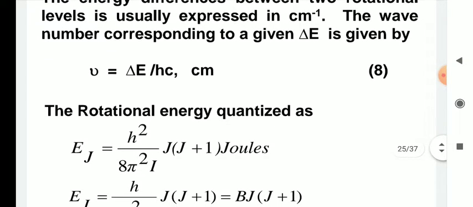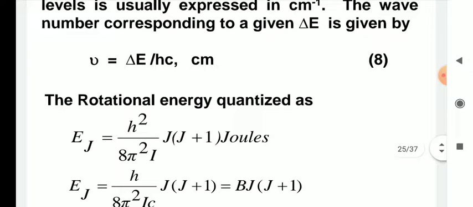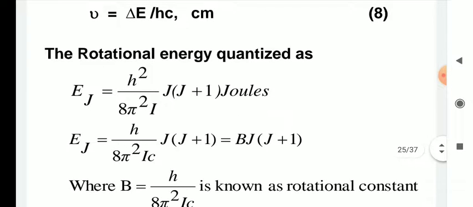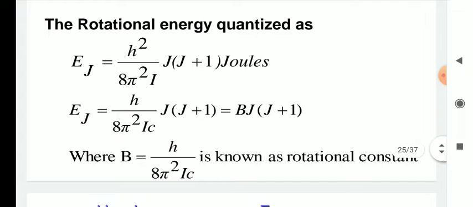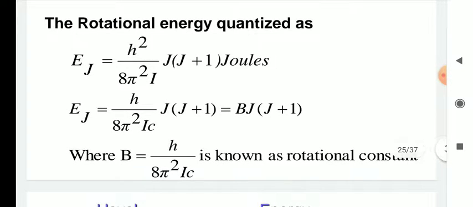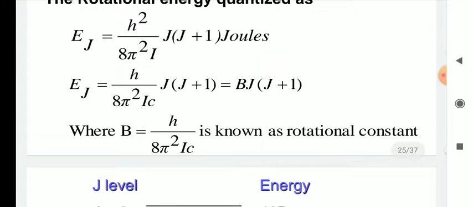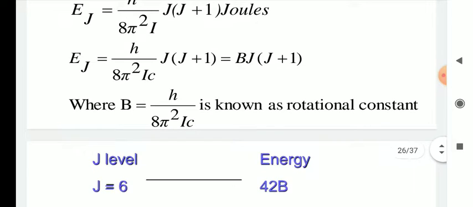The wave number corresponding to the given energy difference is given by nu equal to delta E upon hc. The rotational energy is quantized as E_J equal to h square upon 8 pi square I into J into (J plus 1), in terms of joules.